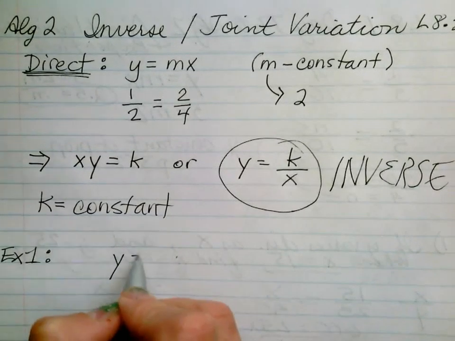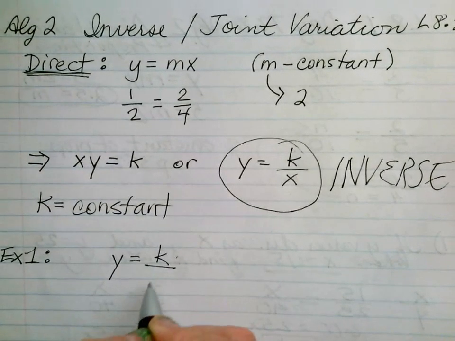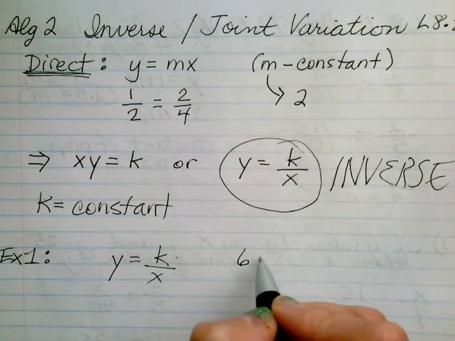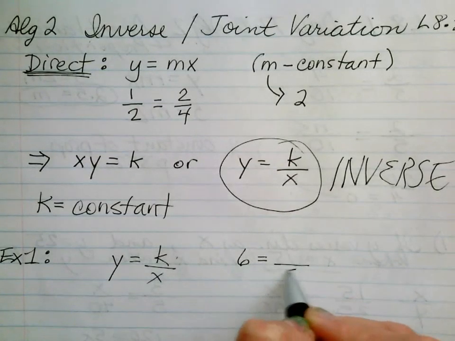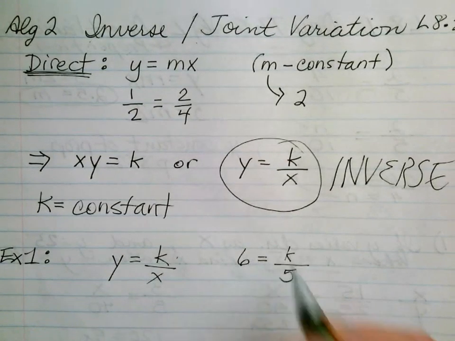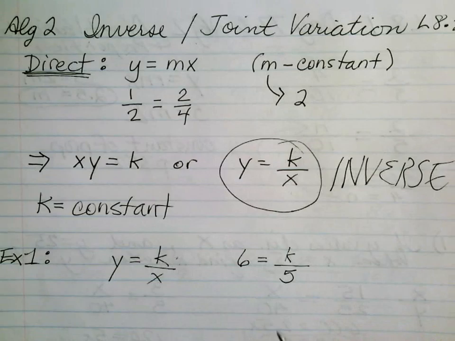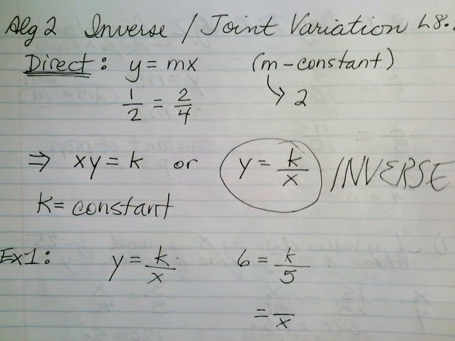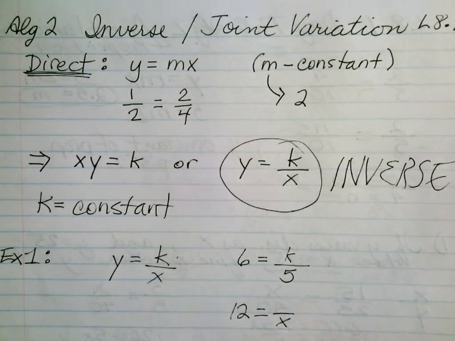If y is inversely proportional to x and y is 6 when x is 5, find x when y is 12.